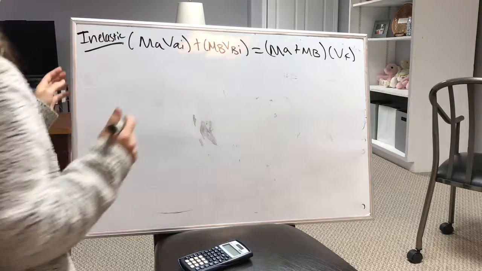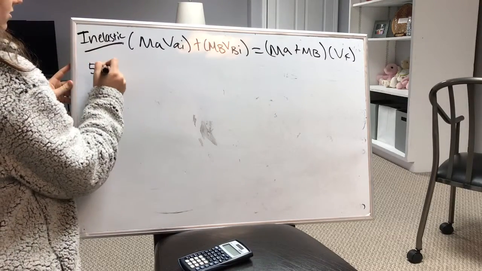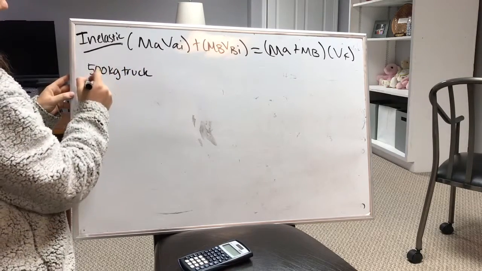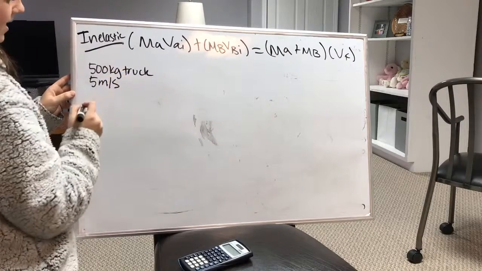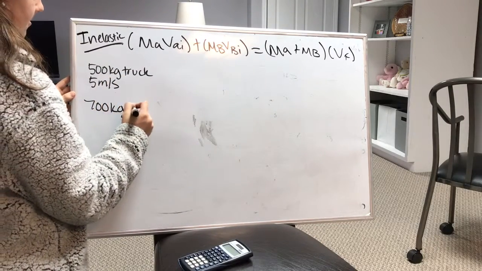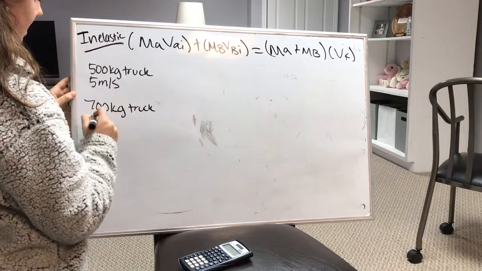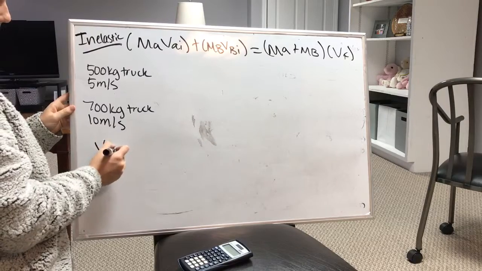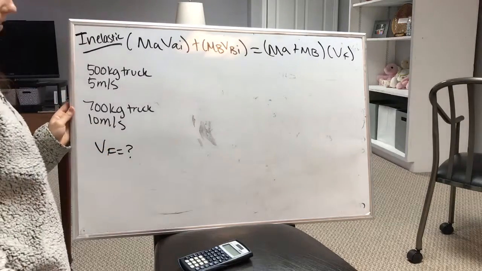So, say we have a 500 kilogram truck traveling at 5 meters per second and a 700 kilogram truck traveling at 10 meters per second. We want to know, after they collide, what is the final velocity?